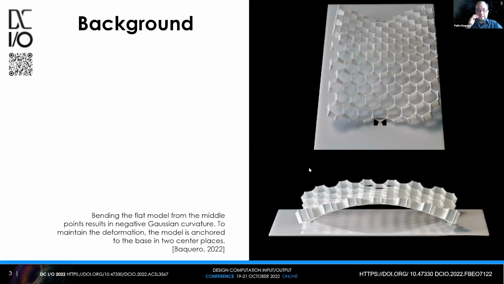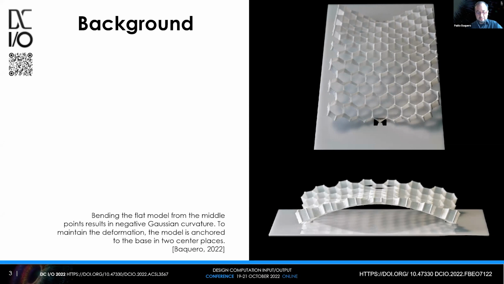This research started by looking at the double curvature, the Gaussian curvature, of some surfaces, where it is always complicated to find out how to deploy structures in order to get negative double curvature surfaces.